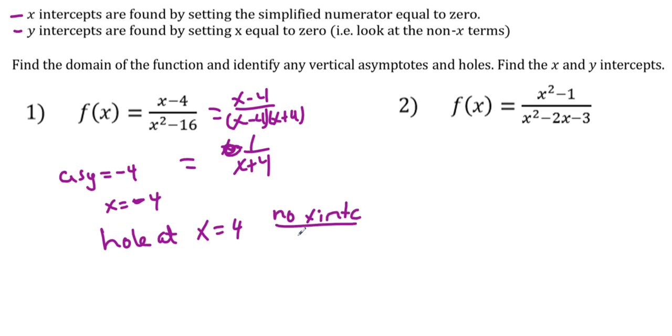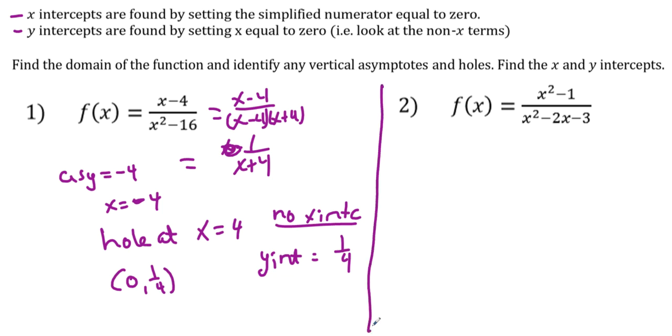The y-intercept is found by setting x equal to 0. And we can look at the original equation if we wanted to. All right, 0, that's going to be 4 over 16, which is going to be 1/4. Okay, so the y-intercept is equal to 1/4. And we write these as coordinates. There's no x-intercept, but the y-intercept would be 0, 1/4.